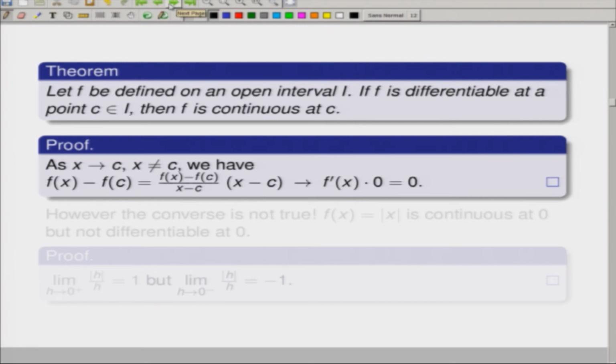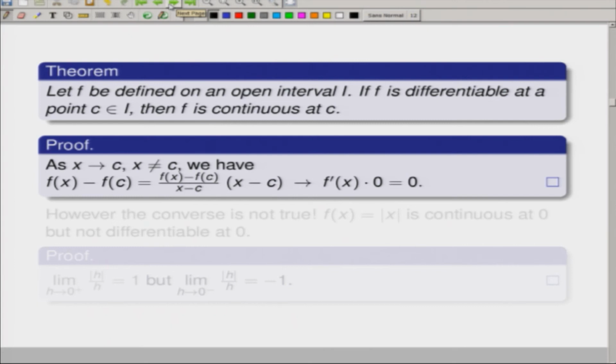Now we want to look at f of x minus f of c. Let us take the point x close to c but not equal to c. Therefore x minus c is not equal to 0, because x is not equal to c.